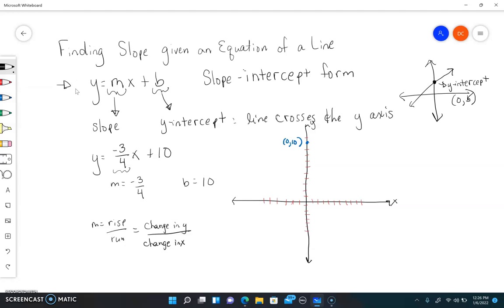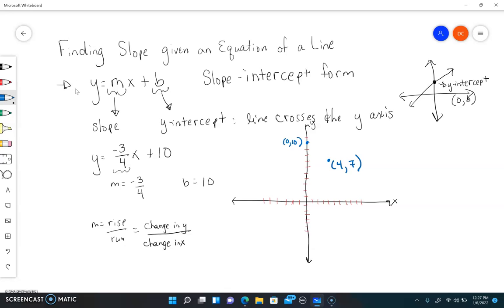From 10, going down 3, I'm going to end up at 7. So my new y is 7. My change in x is 4, so I'm going to go over 4: 1, 2, 3, 4.